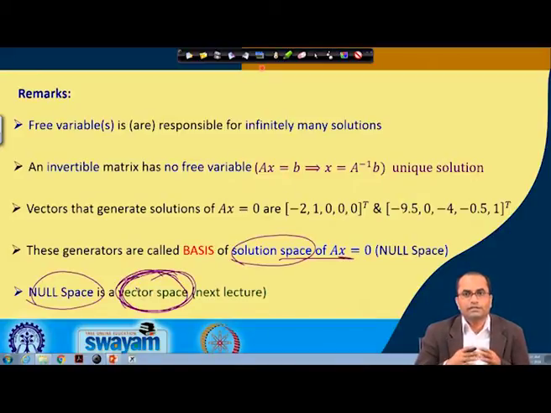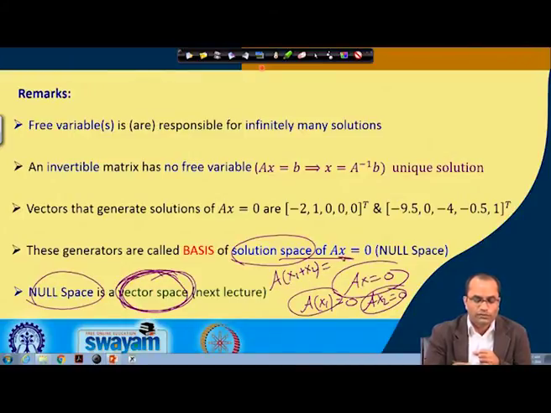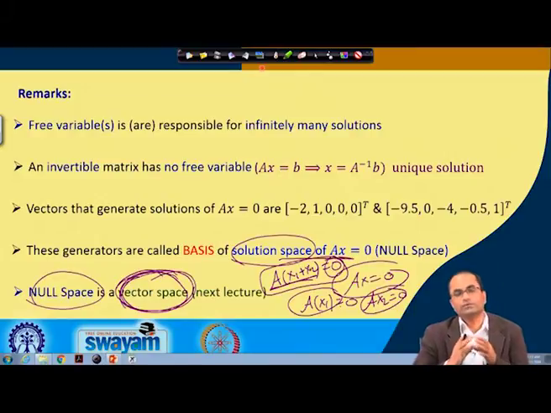For instance, here we see that if we add two solutions, the new solution will also be a solution of this Ax is equal to 0 equation, because if x1 satisfies this and x2 also satisfies this, then x1 plus x2 will also satisfy that equation, because Ax1 plus Ax2 are both 0. So, that will also satisfy.